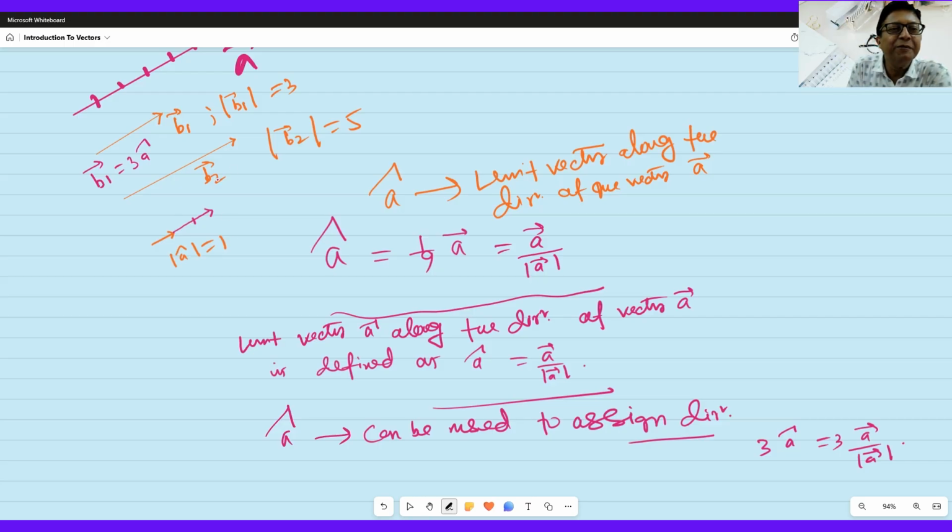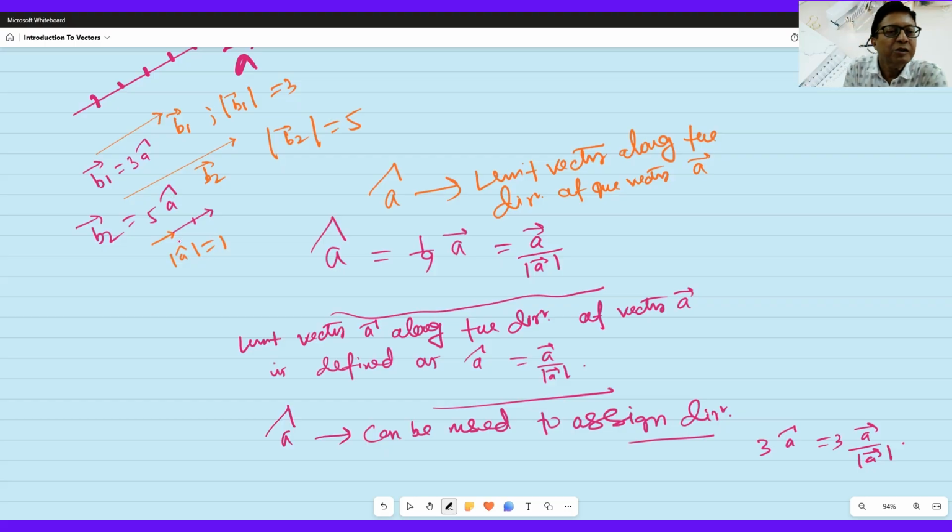How can I represent B2 vector then? B2 vector, this is 5 units, no? So you write 5 into A cap.